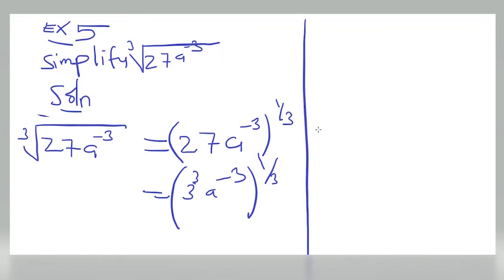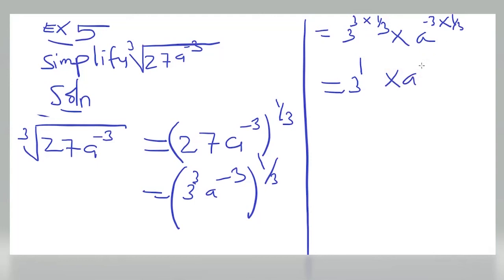Guess what now follows? Now inherit by breaking the bracket, so inherit 1 over 3. Then this one will be equal to 3 power 3 times 1 over 3, then a power negative 3 times 1 over 3. Now 3 and 3 cancel, therefore I'm going to have 3 power 1, then a power negative 3 times 1 over 3, we cancel, 3 and 3 cancel, I'm going to have negative 1. So this one will be equal to 3 a power negative 1, which is the answer.